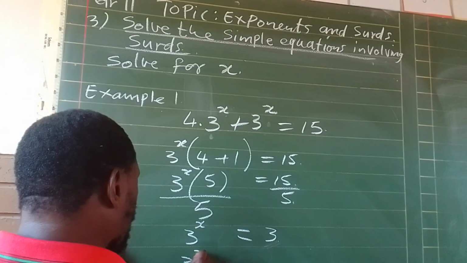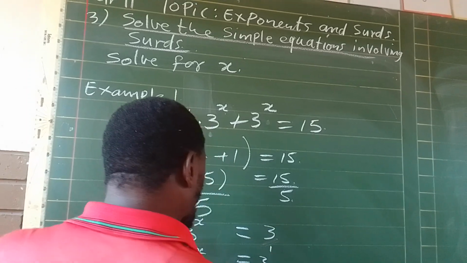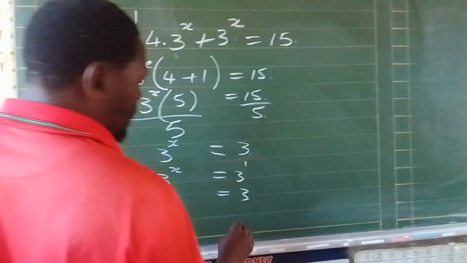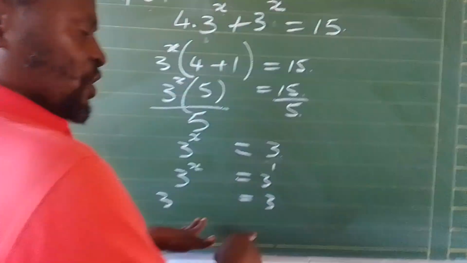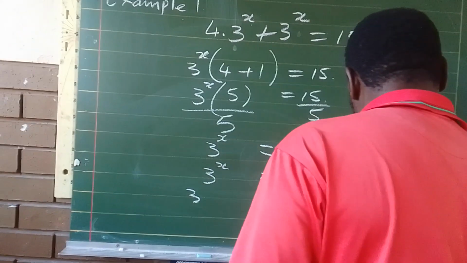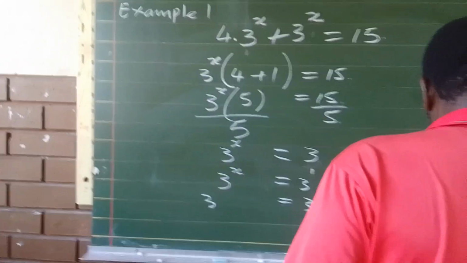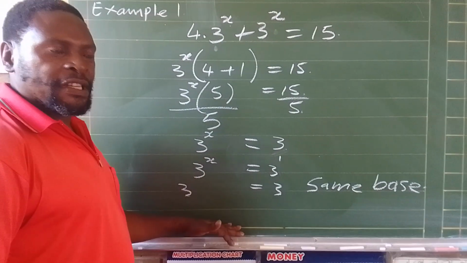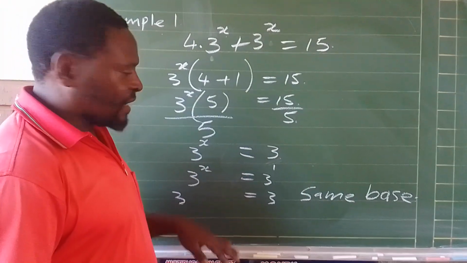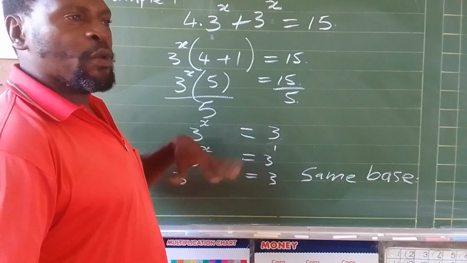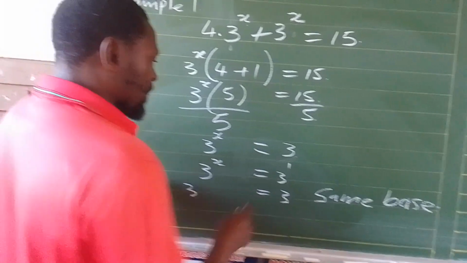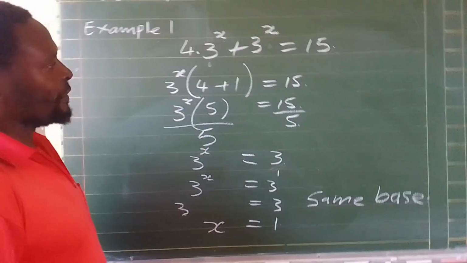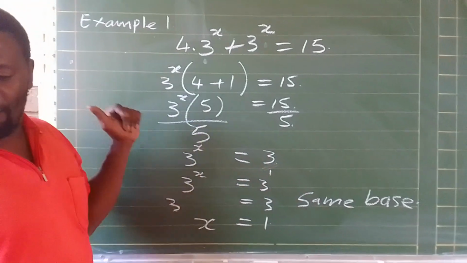Now 3 to the power x is the same as 3 to the power 1. You remember this one? Same base: if the bases are the same, we equate the exponents, or vice versa. Now x is equals to 1. This is example number 1.